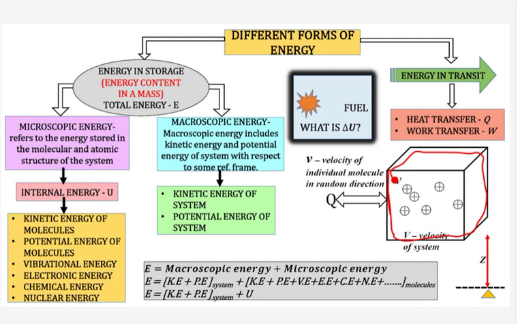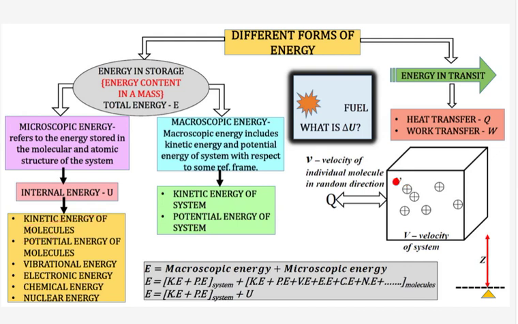Now this system will have one unique value of velocity. Individually a molecule can have a velocity, with that it will strike the wall, and because of that individual velocity v, it has kinetic energy of molecule.